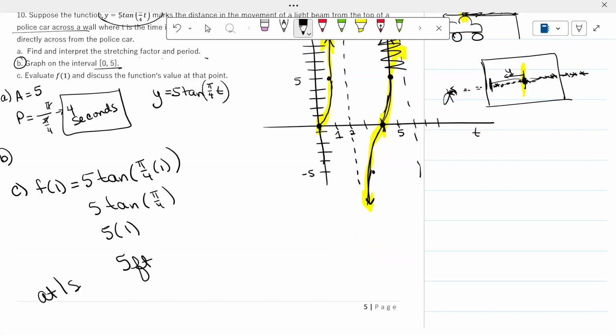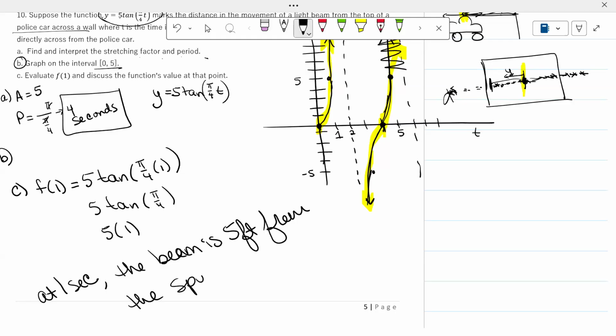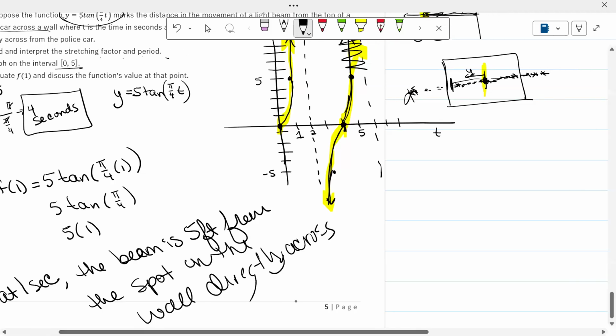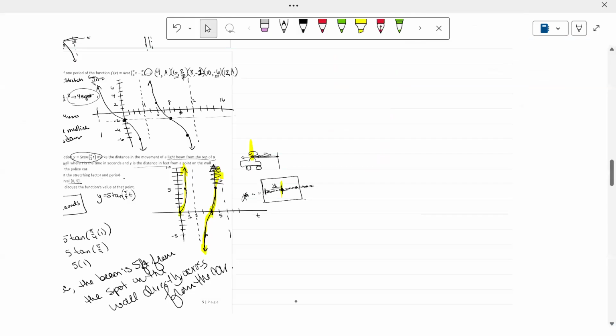At 1 second, the beam is 5 feet from the spot on the wall directly across from the car. All right. Okay, call it quits there.